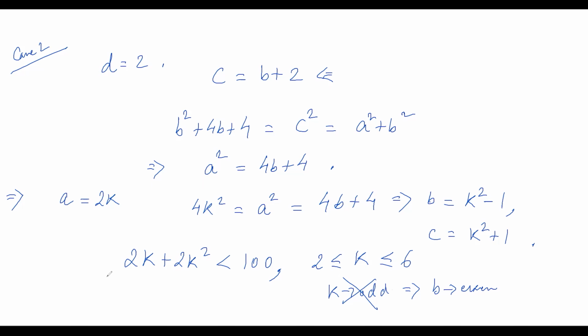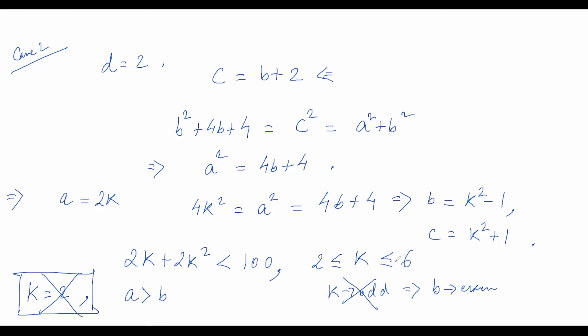And also for k equal to 2, if you calculate out a and b, we have a greater than b, but again the given condition says that a is the smallest number, and so k equal to 2 also cannot happen.